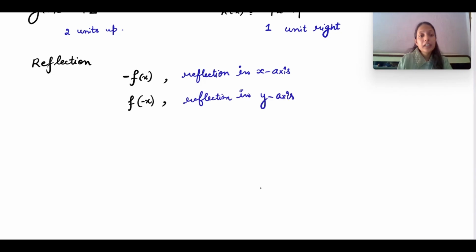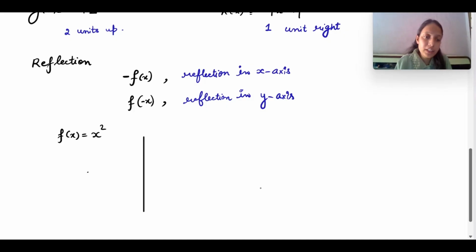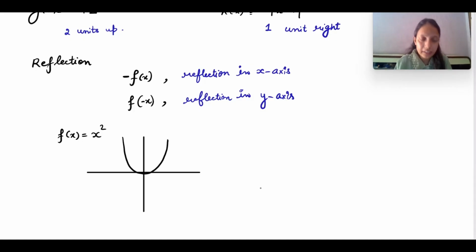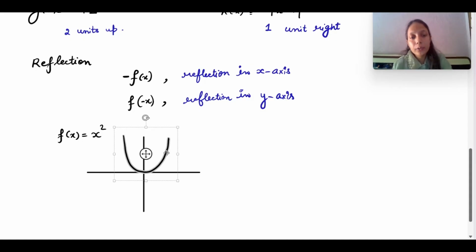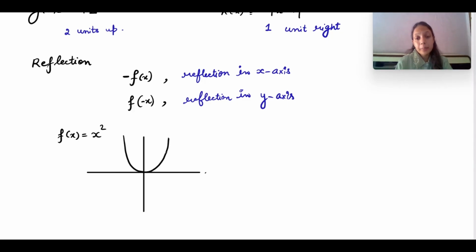Let's have an example. I have f(x) is equal to x squared. This is the basic function, and how the graph of x squared looks, we already learned at the start. The graph of x squared looks like this, okay? What I'm changing is multiplying a negative outside the function. It's a new function g(x).